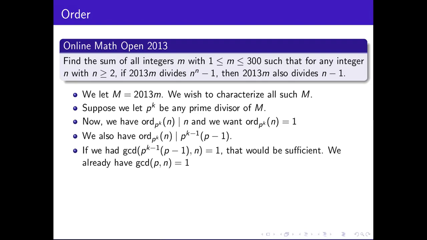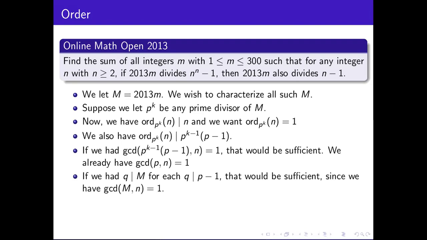We remember that the GCD of big M and n is 1, so if anything that divides p minus 1 also divided big M, then that'd be enough, because then they can't have any prime divisors in common.